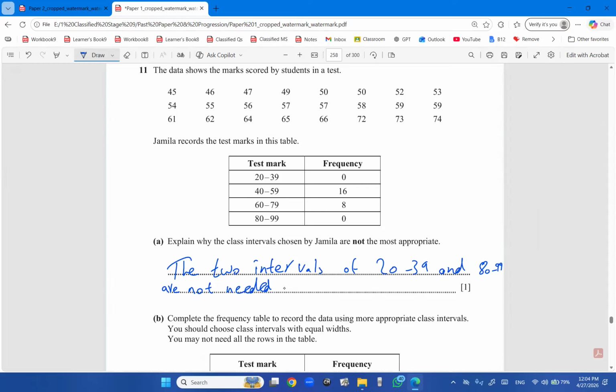Why? Because their frequency is 0. Someone else might say the intervals are too wide.